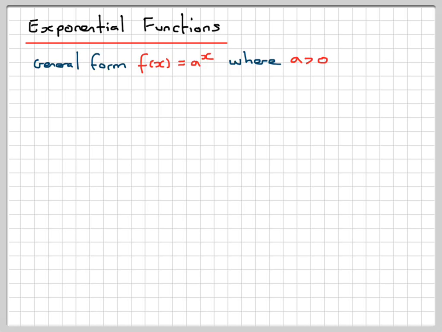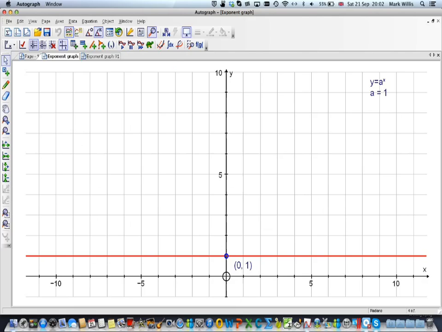Now if we look at this using Autograph, I have y is equal to a to the x, where a is equal to 1. Any 1 to any power will be just a straight line graph. Notice it goes through this point here, 0, 1.